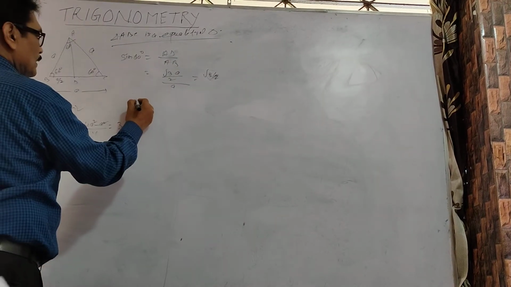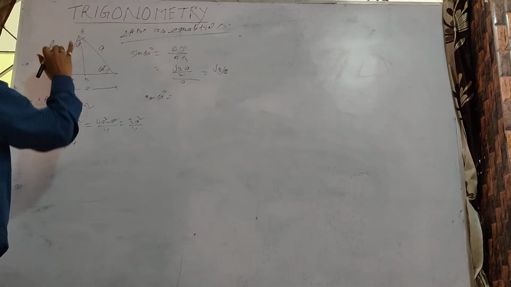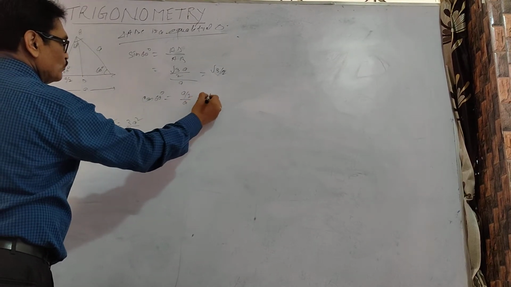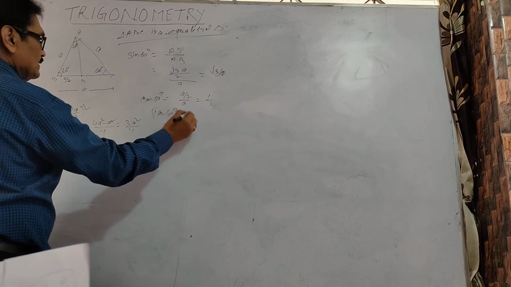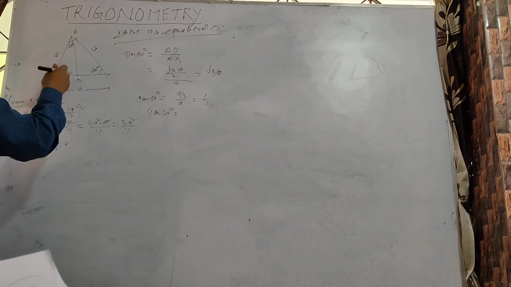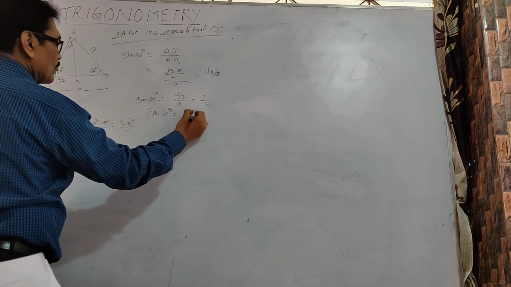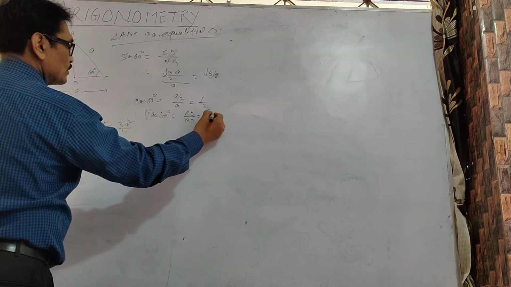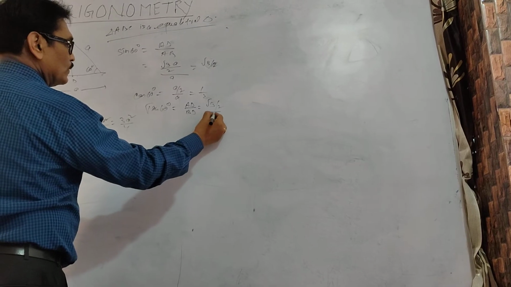Similarly, cos 60 degree is equal to base upon hypotenuse, so A by 2 upon A. This is 1 by 2. And tan 60 degree is equal to perpendicular upon base. So this one is AD upon BD. AD is root 3 by 2 A and BD is A by 2.